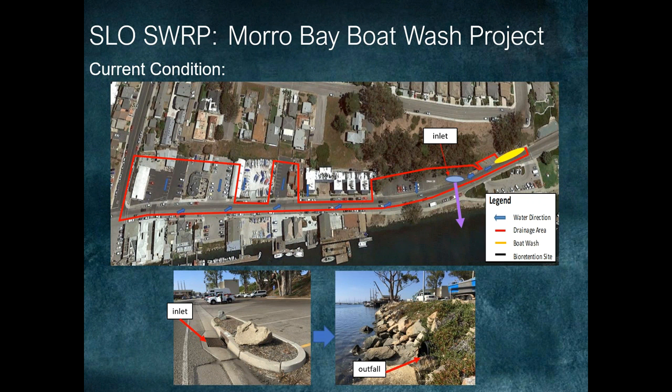It's considered a dry weather flow, so it's not permissible via the Stormwater National Pollutant Discharge Elimination System permit. And the city at one time had a violation for allowing non-stormwater into an inlet. So the impetus for this project was to address that boat wash runoff, but because we have the opportunity, we can also look at the runoff from this whole contributing drainage area.